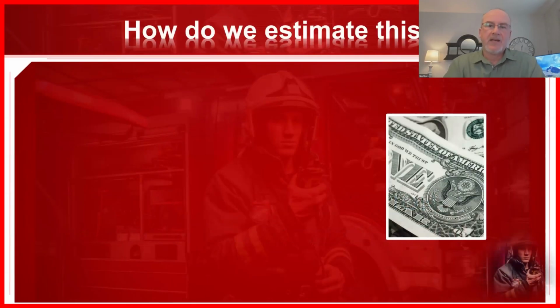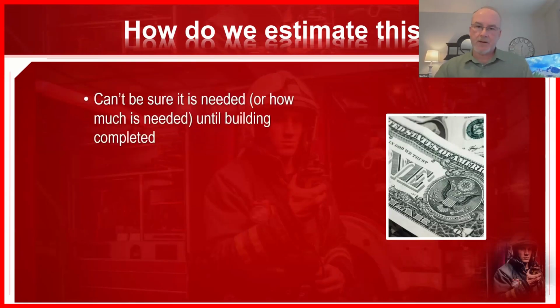All right, how do we estimate this? You say, Wes, we don't know we're going to need one, but I've got a building to build here. I've got capital money I've got to lay out. Where do I put this, and how much do I use? All right, so first of all, as we said, you can't be sure you're going to need it or how much you're going to need until the building is completed.